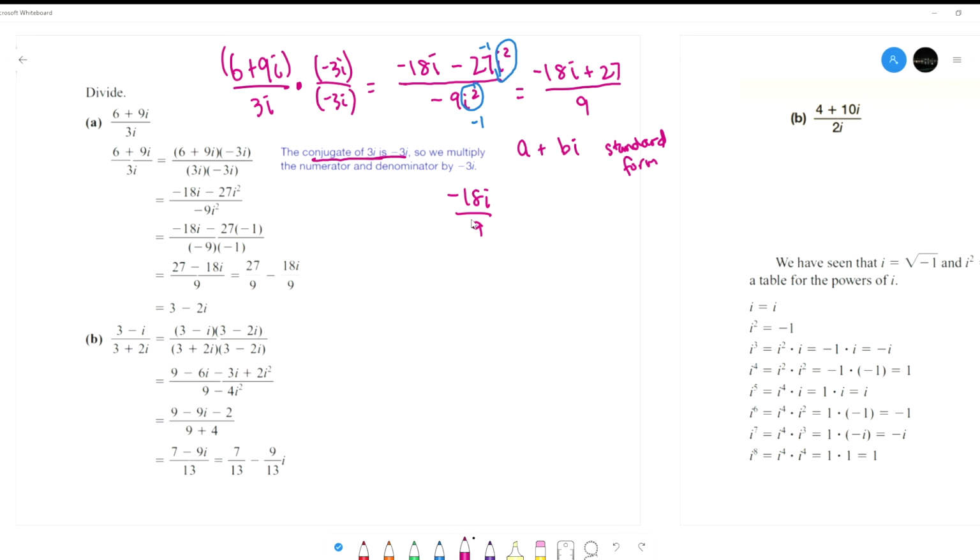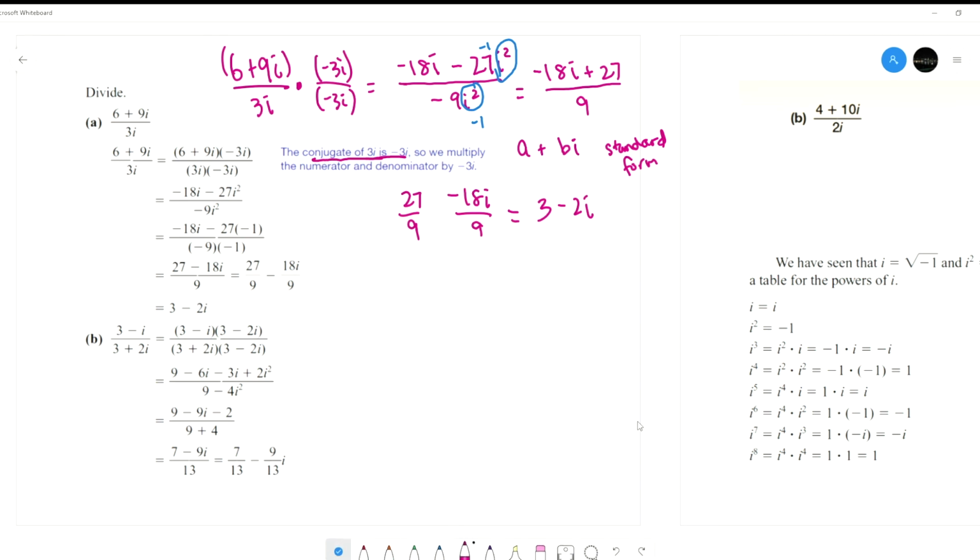This is our imaginary part, so I'm going to put the plus 27 over 9 as the real part first. So this is equal to 3, and this second part is minus 2i. Okay? I hope that's pretty clear for everyone.